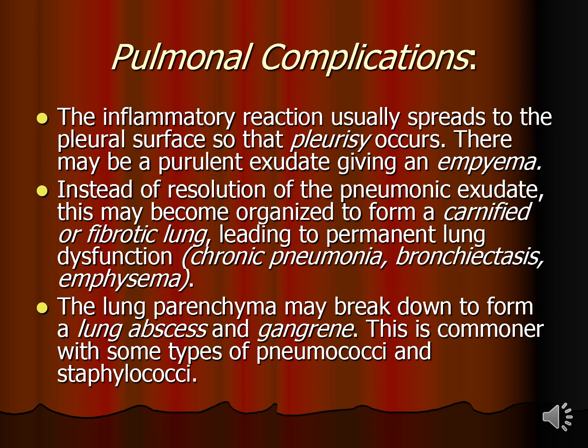The next possible complication is when the lung parenchyma may break down to form a lung abscess and gangrene, so more severe purulent inflammation. This is commoner with some types of pneumococci and staphylococci.